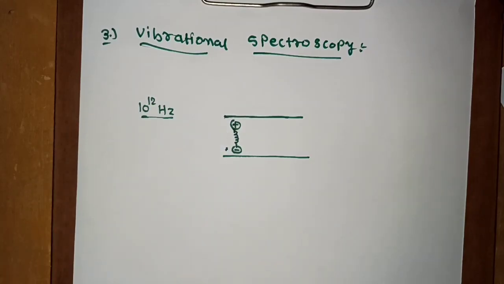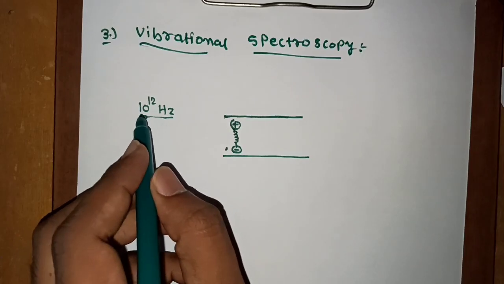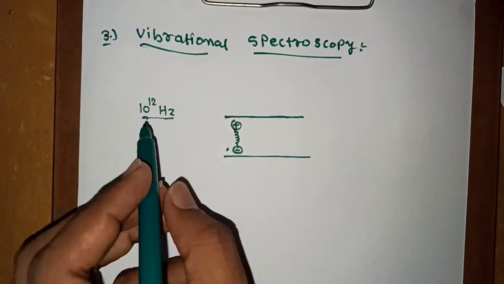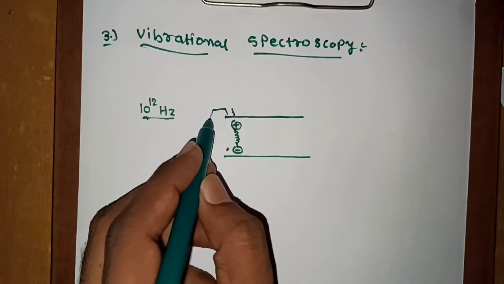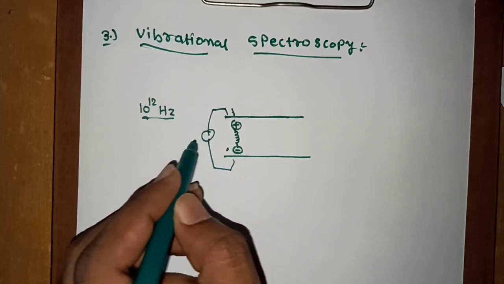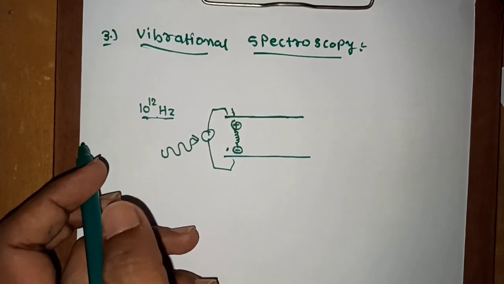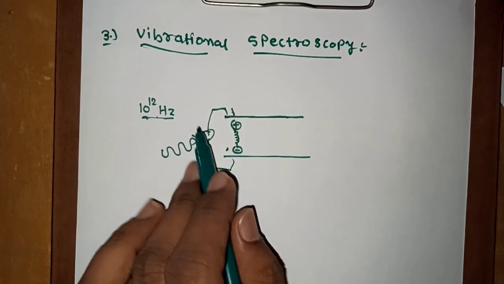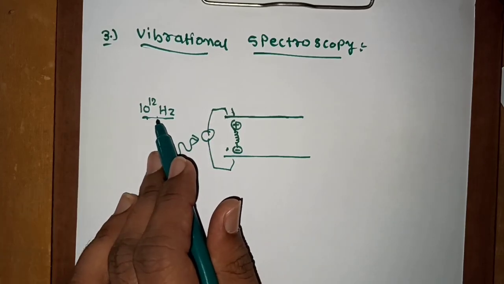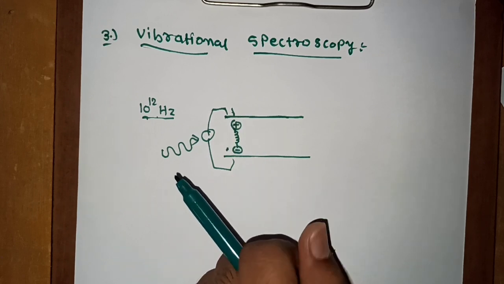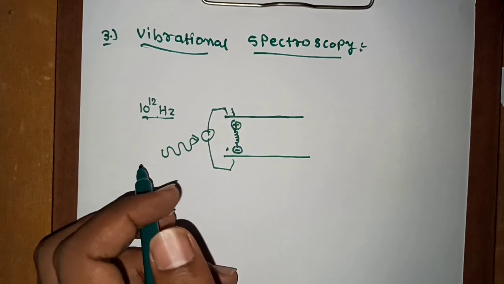Here 10 raised to 12 hertz is much more than 10 raised to 9 hertz. So if I shine a photon up to 10 raised to 12 hertz of frequency, then the molecule is not capable of doing a rotation, but it feels a force.